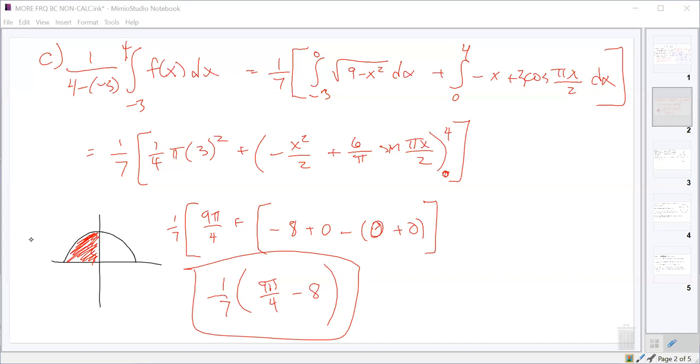Could you have done it another way, where there's a split into two functions? If you made a separate 1 over b minus a for the integral of the function from -3 to 0, and a separate 1 over b minus a for the integral of 0 to 4, and then you added those together, and then you just averaged those.